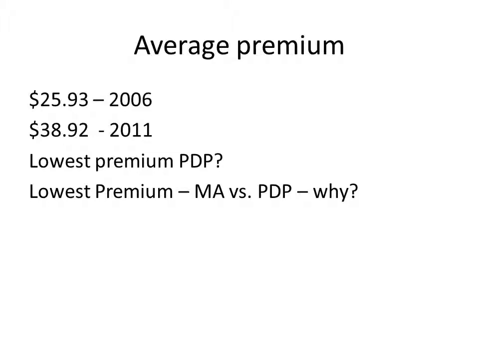All right. Now, is the premium lower for a Medicare Advantage plan or just a regular standalone prescription drug plan? The premium is lowest for the Medicare Advantage plan, and that's because the Medicare Advantage plan does more than offer drugs.